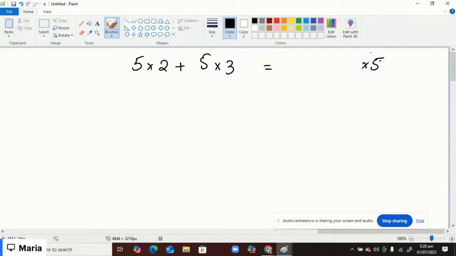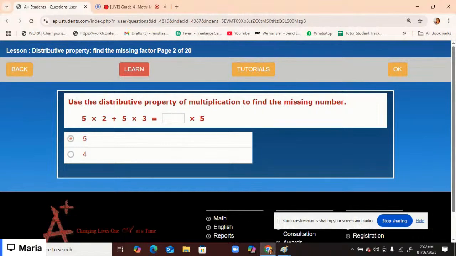Now tell me, what is the first digit in both of them? That is 5, put outside. What are the two others? 2 plus 3. You also add the bracket digits. Okay, 2 plus 3 is 5. The 5 is already given. The other answer is 5. So you put down 5 here. So the missing one is 5.